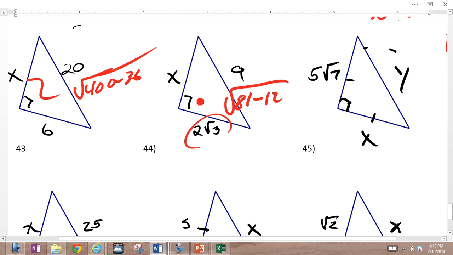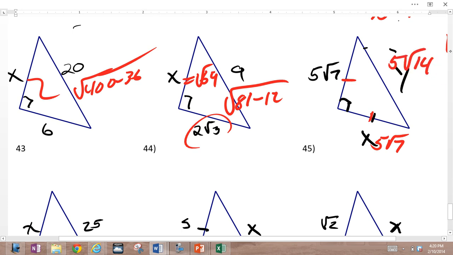Okay, so it looks like x is going to equal what? Square root of 69. Okay, 5 root 7, and this is identified as an isosceles right triangle. So this is 5 root 7. And then the hypotenuse is root 2 times larger than that, so that's 5 root 14.